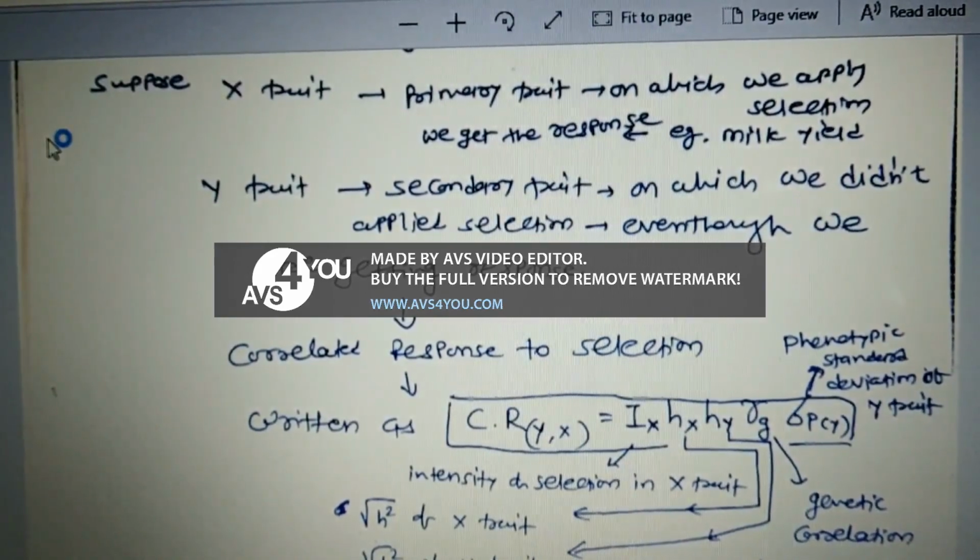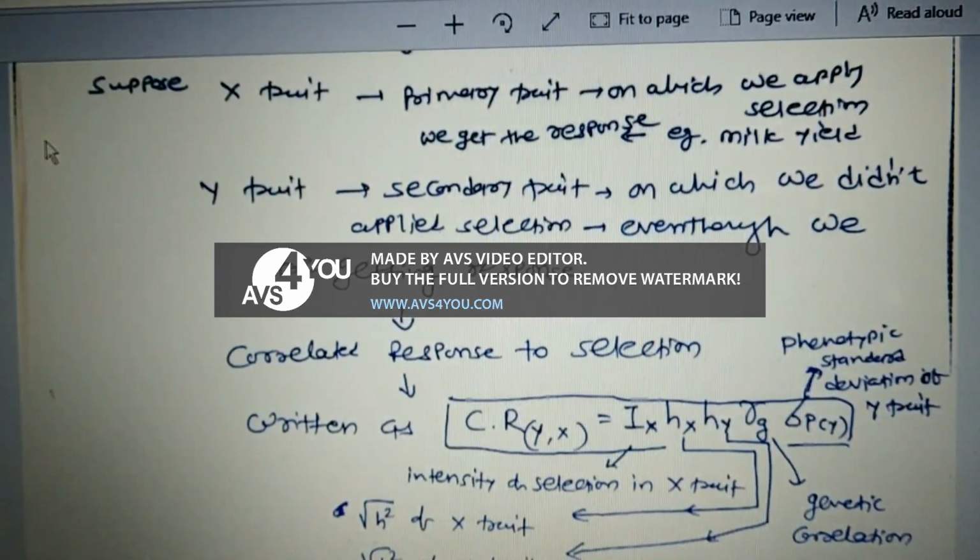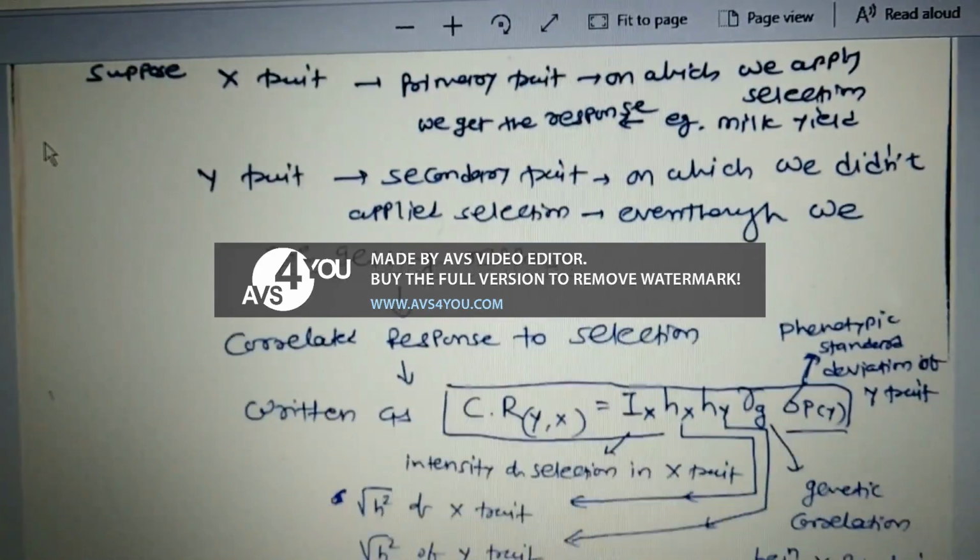So for calculation of this correlated response to selection, we need these five things, that is IX, hX, hY, rG, and phenotypic standard deviation for the Y trait.